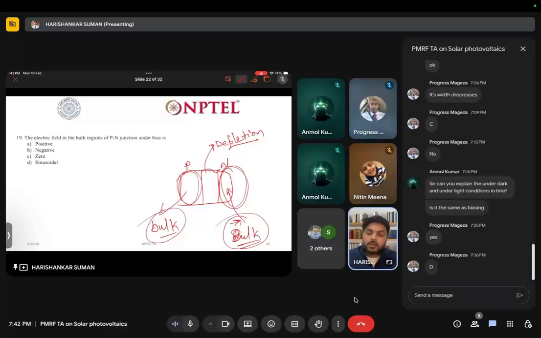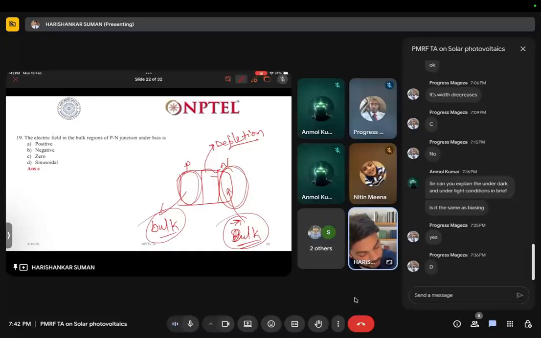The electric field in the bulk region of the PN junction under bias is positive, negative, zero, or sinusoidal. So the answer will be zero, because there is only one type of charge carrier and no gradient.